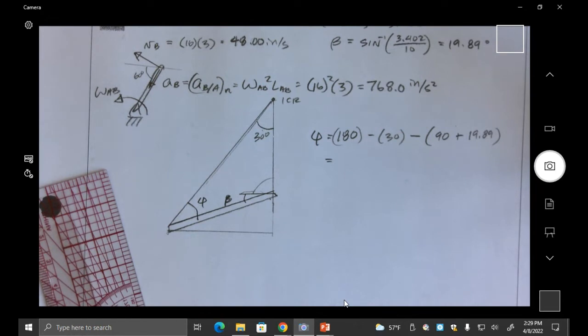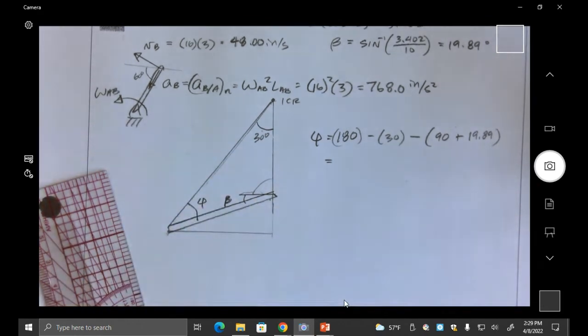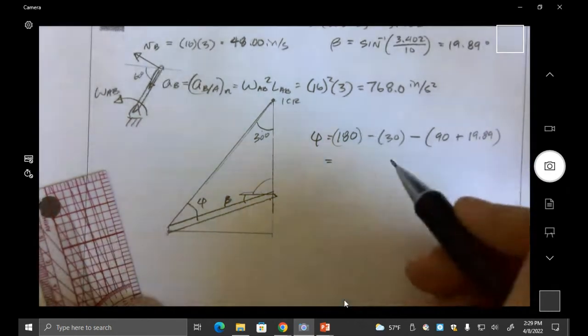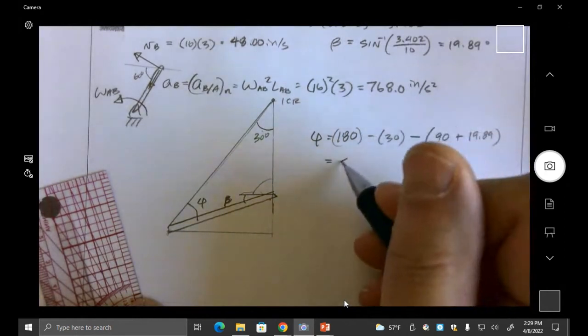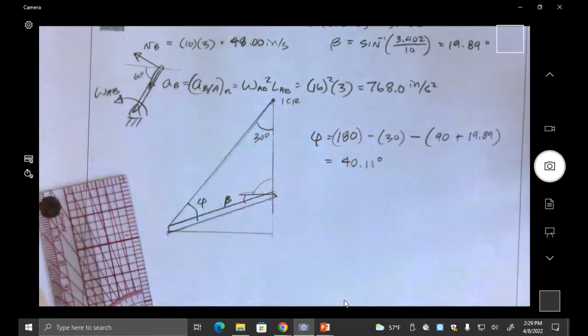What is that guy? I don't remember what his name is. Yeah, I would call him Phi. I don't know why I have this mental block that I can't remember my Greek letters. I think I just lost my place, but I believe I get 40.11 degrees.